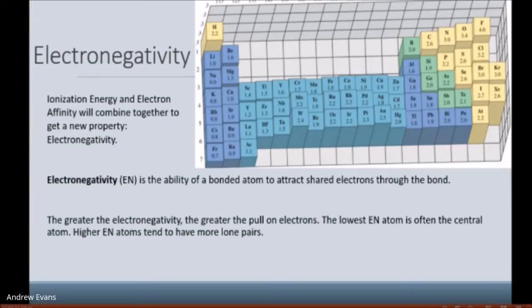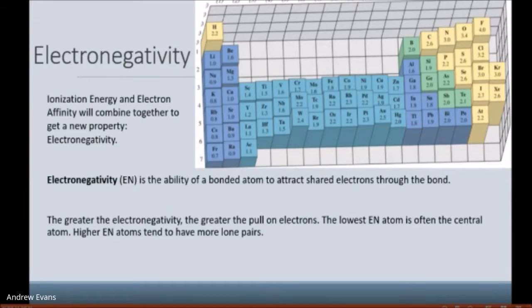Electron affinity is the energy gained by giving an electron to a gas phase atom. Well, electronegativity is the ability of a bonded atom to attract a shared electron through a bond. So previously, it's just giving a naked atom an electron or taking an electron from a naked atom. Now we're talking about bonded atoms.